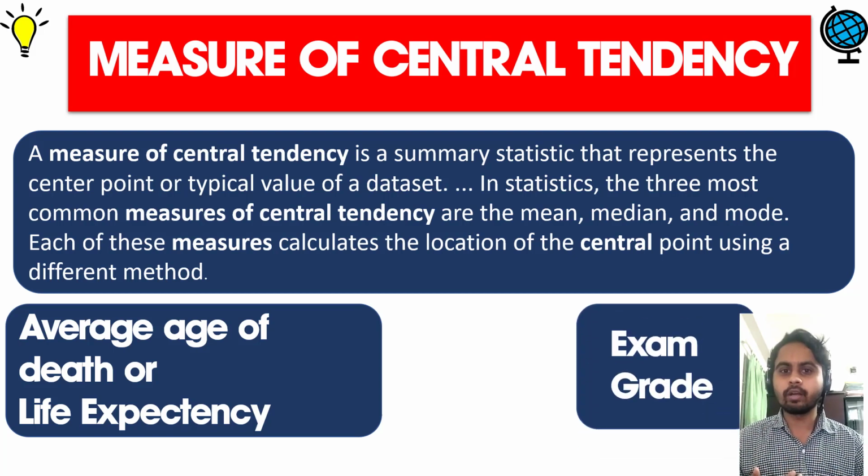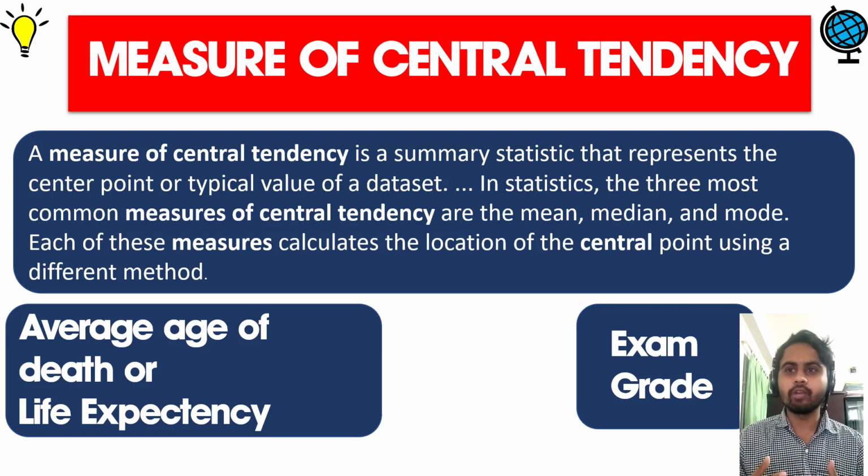For example, in our country, Bangladesh, I can't remember right now, but the average age of death is around 68, maybe 69 years. So when I know that, I can expect that it is possible I can survive to around 68 years, because a lot of people die close to these years. So that is how this value represents all the values.